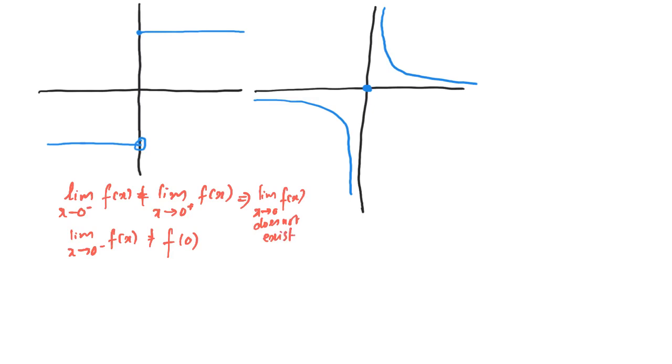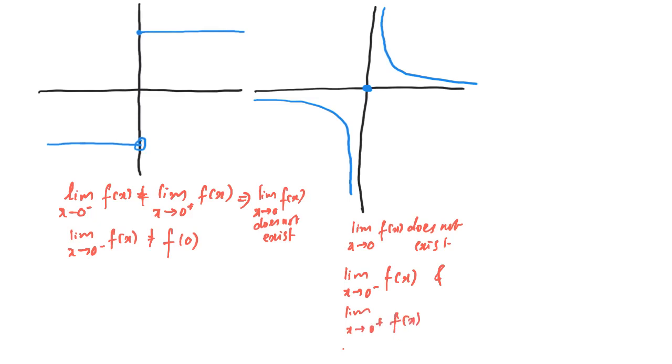In the second example, limit x tends to 0 f of x does not exist. More precisely, limit x tends to 0 minus f of x and limit x tends to 0 plus f of x do not exist. So, as we wanted, these two functions are not continuous with respect to our definition.